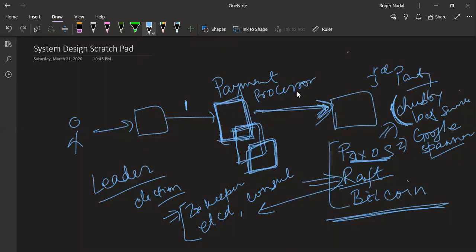It's the same as when you have one write database and multiple read databases. Writes only go to one, but you don't want just one write database in your system. You want multiple because that one may fail. Then would you say that I can't take any write request? You can't say that, right? So you will have more replicas which will be ready to become a leader and allow the write, right? Does that make sense? Yeah.